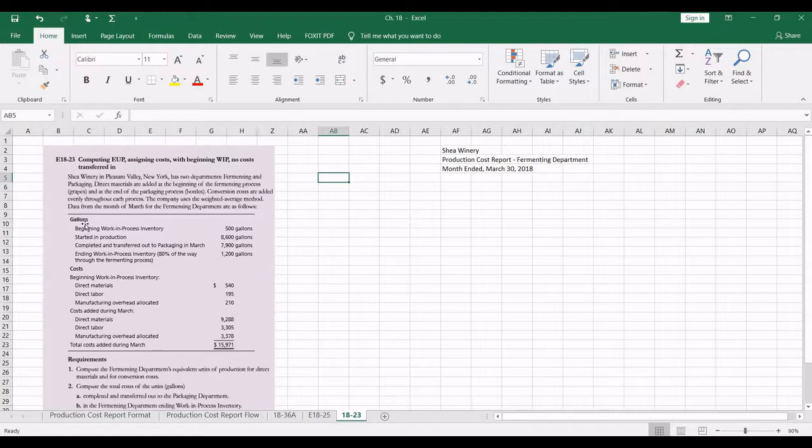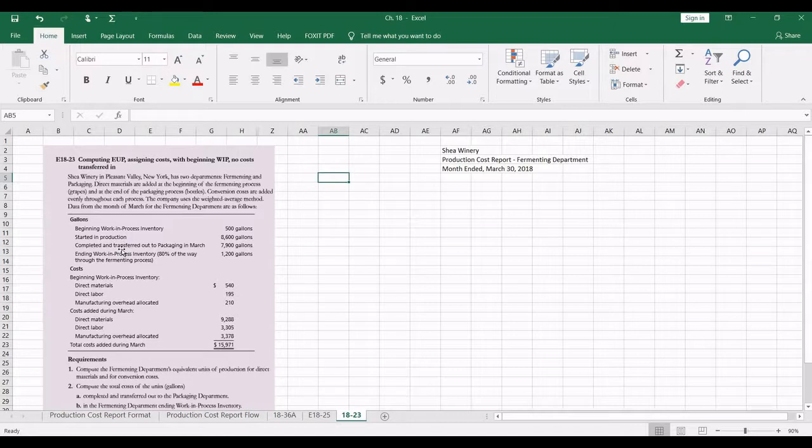And luckily for us, they've given us all of the information in the exact same order as the cost report that we're going to do. So all we have to do is follow along with the format they've already created, and that will create all of the lines that we need in order to fill out the entire report.